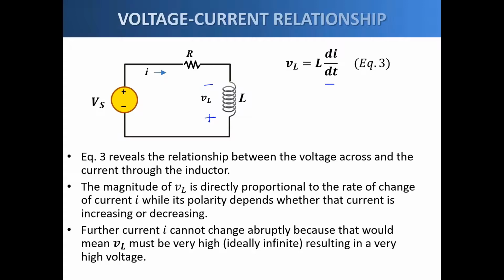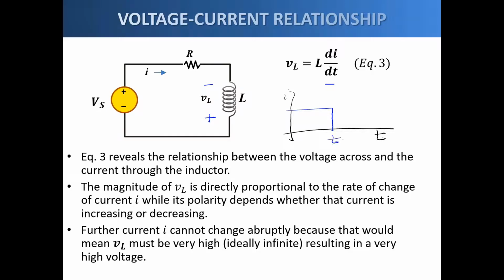Further, it tells us that the current through the inductor cannot change abruptly. What do we mean by this? Let's say we have a plot of the current through the inductor versus time, and let's say the plot looks like this.